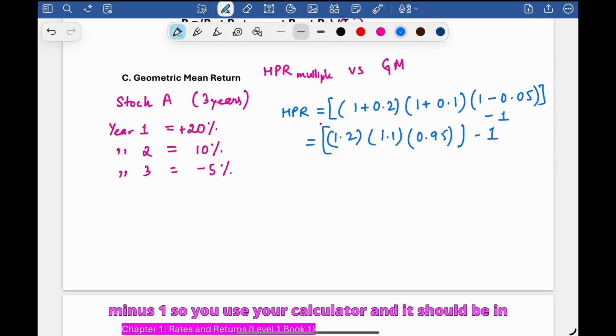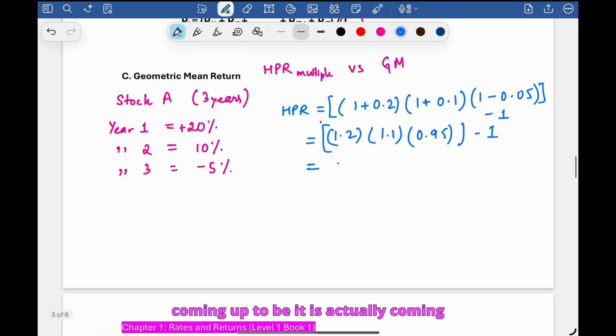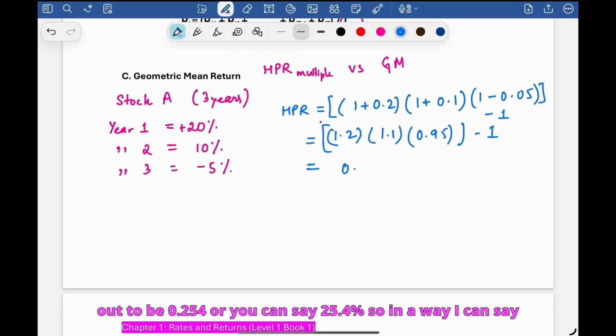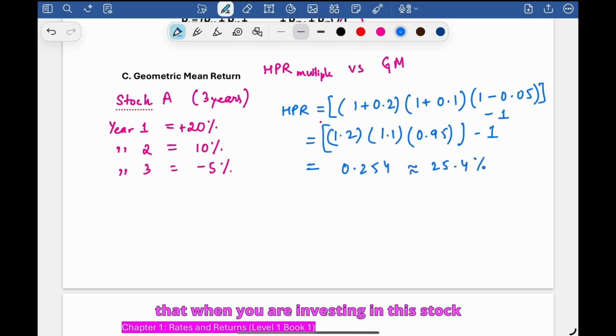Use your calculator, in decimal with 4 digits: 1.2 into 1.1 into 0.95, then minus 1, into 100 at the end. The holding period return comes out to be 0.254, or 25.4%.